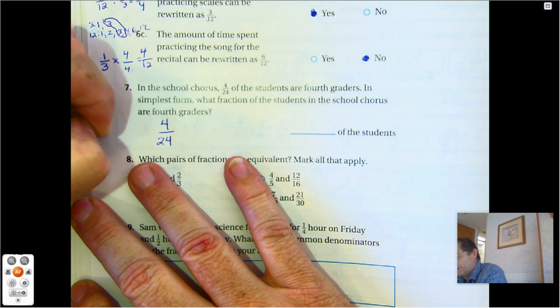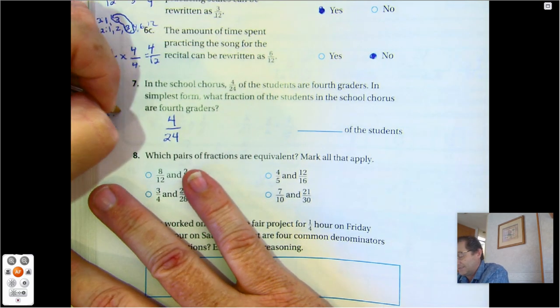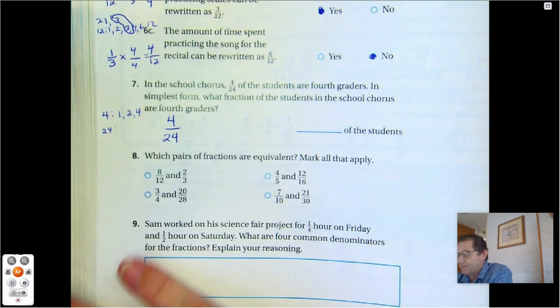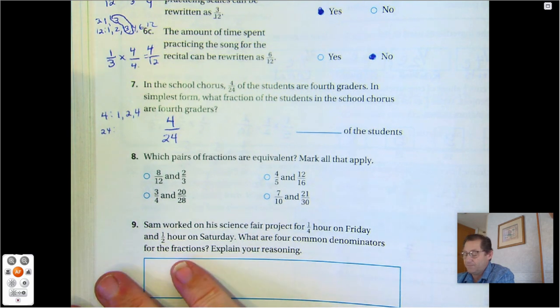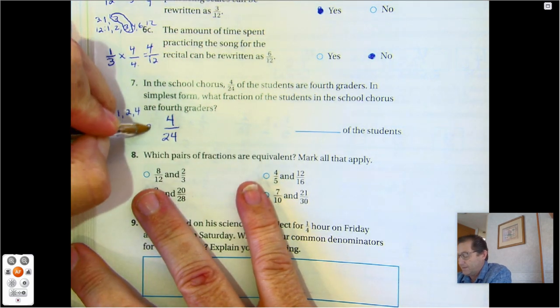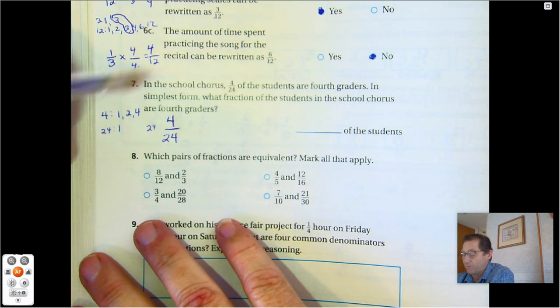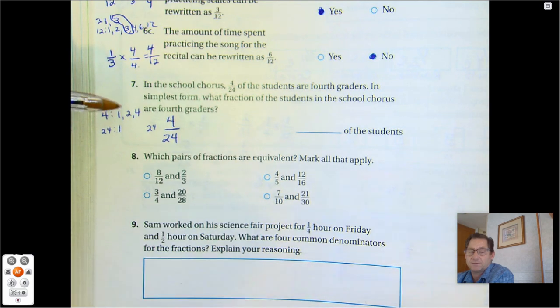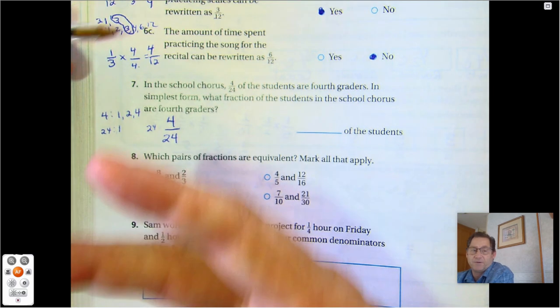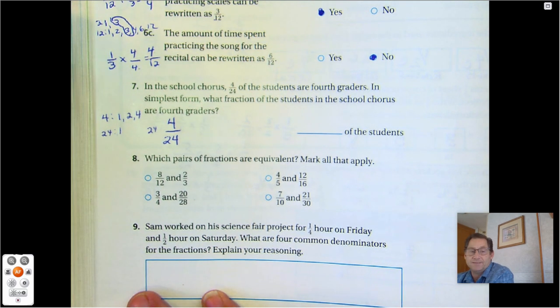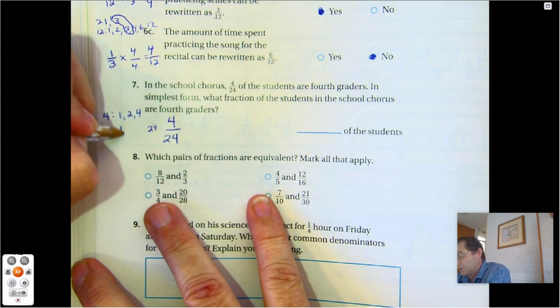I'm going to start with 4 because it has the least amount. And we just have to find something that's in common to both of them. 1 and 24. Okay, but remember, if I divide it only by 1, it's already simplified, if only 1 is a factor. 2 goes into 24, 2 and 12.